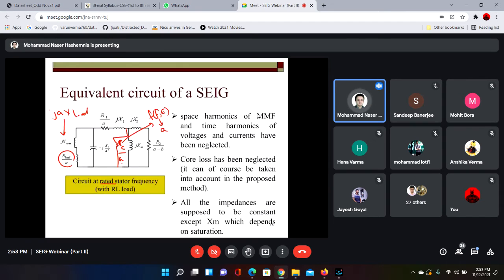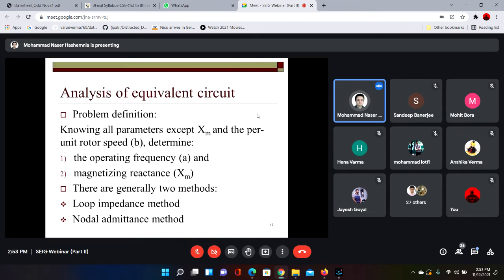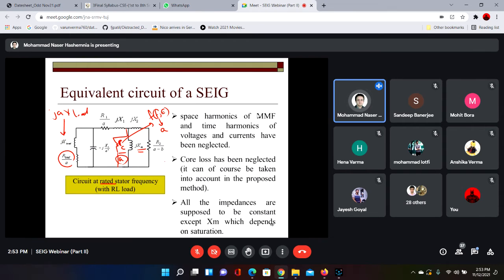So let's go to the problem definition. I will try to go faster. We know all the equivalent circuit parameters except XM. We do not know XM. Why don't we know the exact value of XM? What is the difference in this machine with other machines?